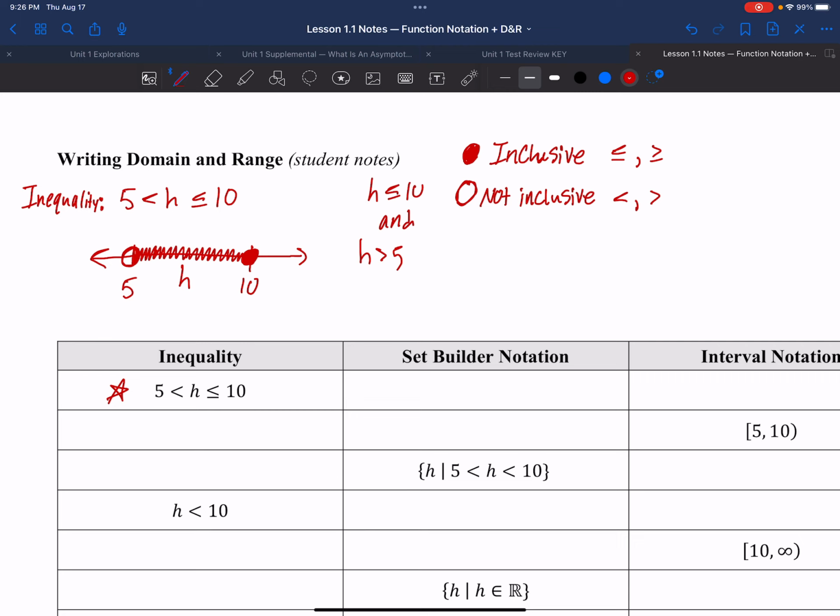Okay, let's move on. So this is just understanding what the inequality means, right? So what does it look like in what's called set builder notation? Well, a set is denoted by curly brackets, like so.